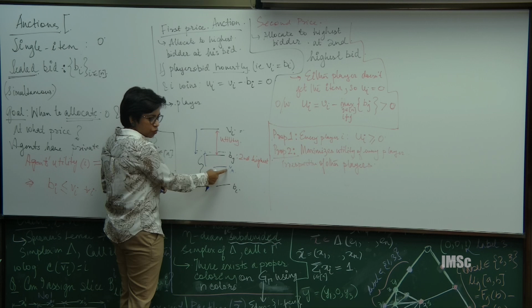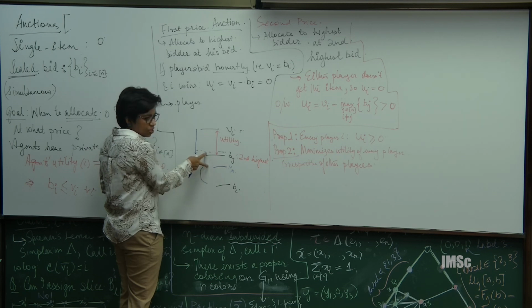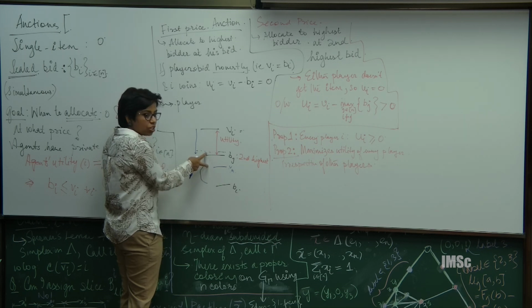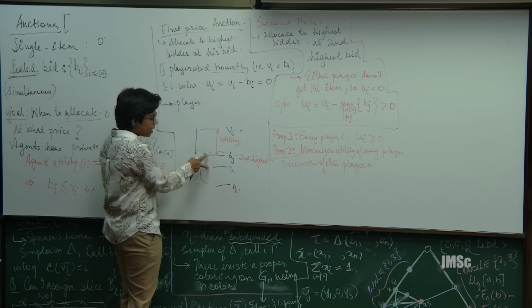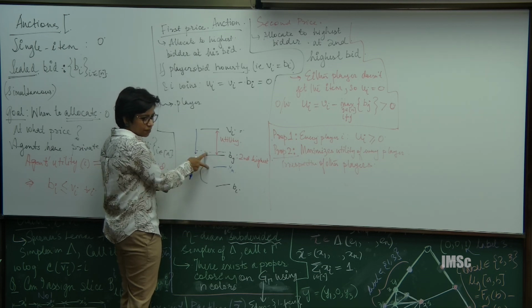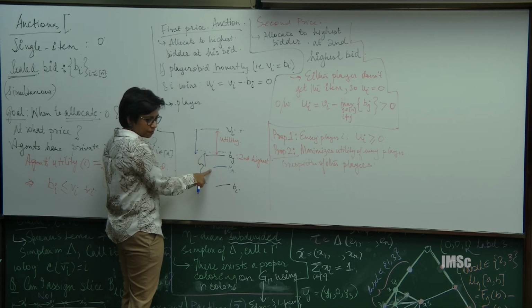This is their actual true valuation and they are paying this much extra. So their actual utility is negative in case they win. Therefore, there is no incentive, there is no good reason why they should increase their bid from what they are currently bidding, which is their true valuation.